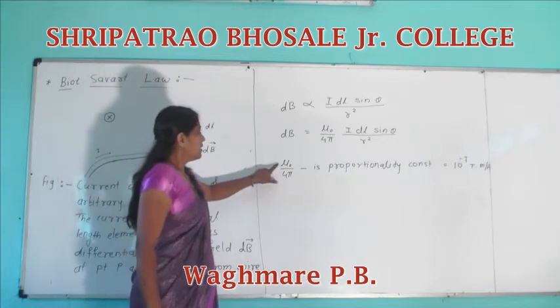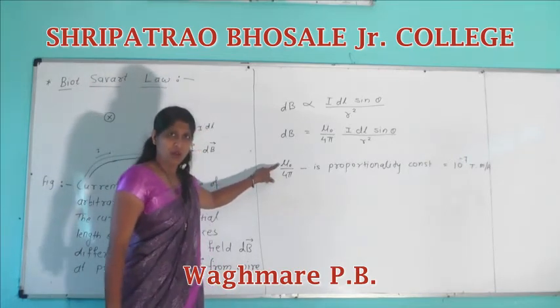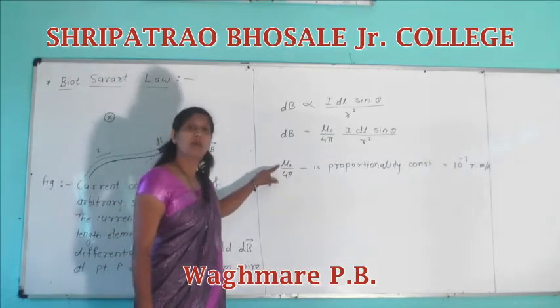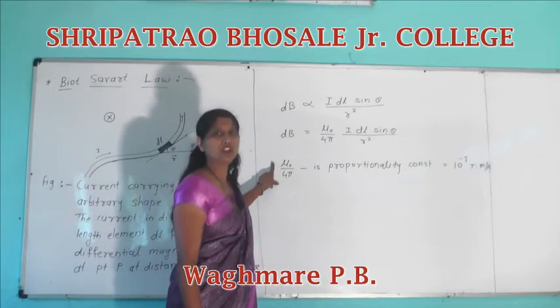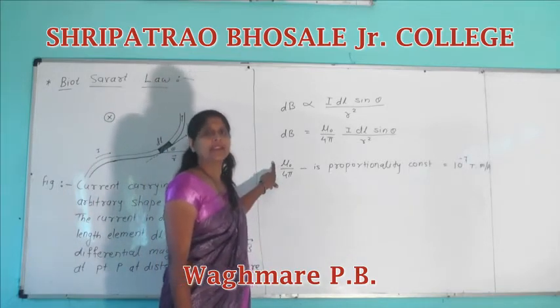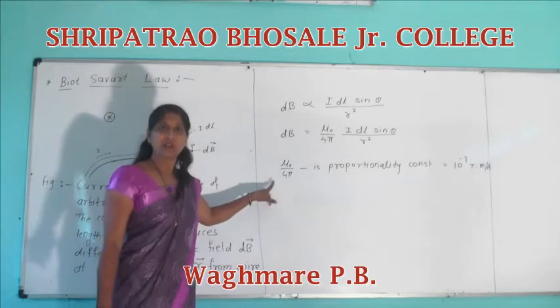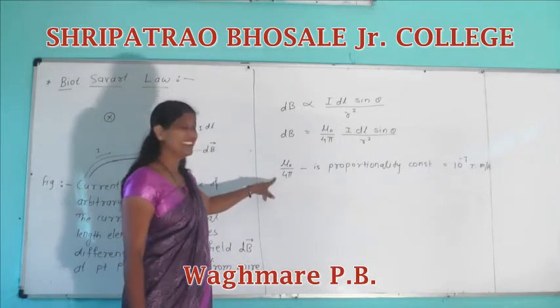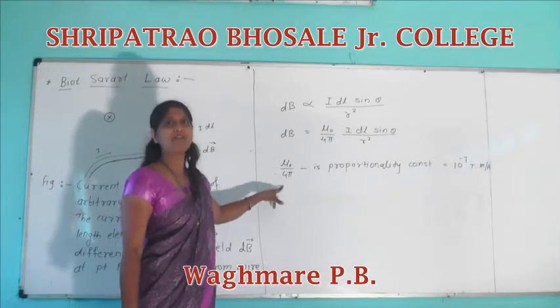Here a new symbol we can see, that is the mu 0, and this mu 0 is known as the permeability of free space. We will discuss this permeability of free space.